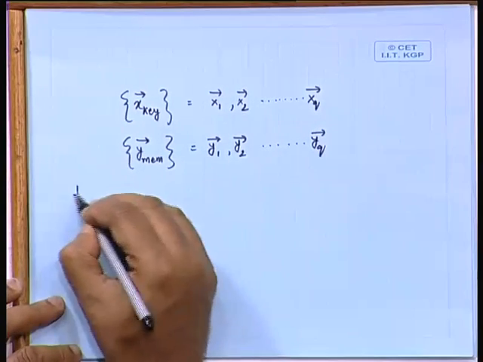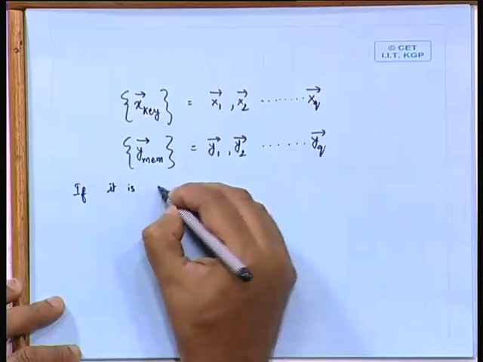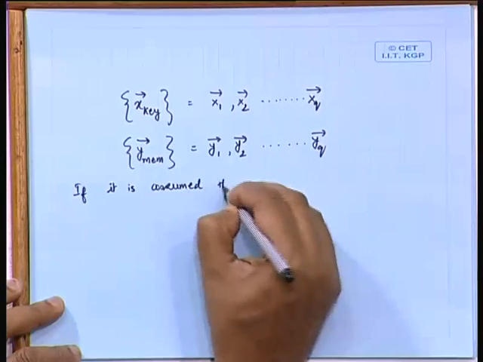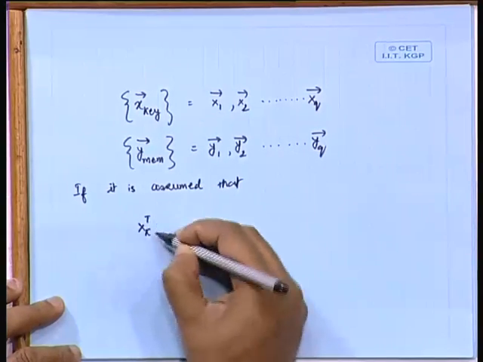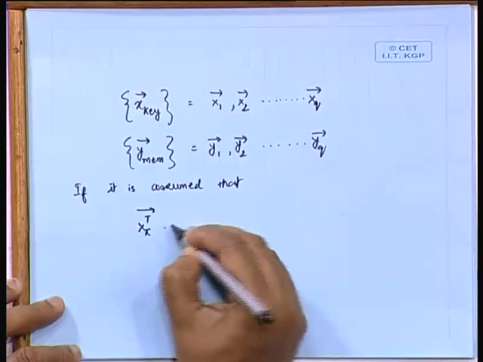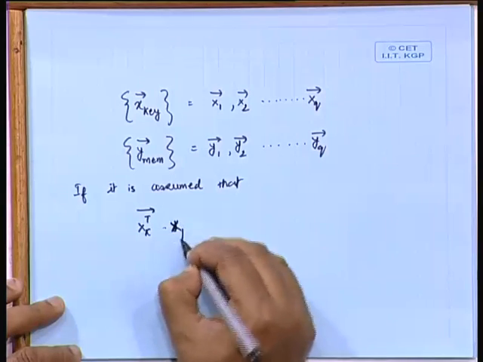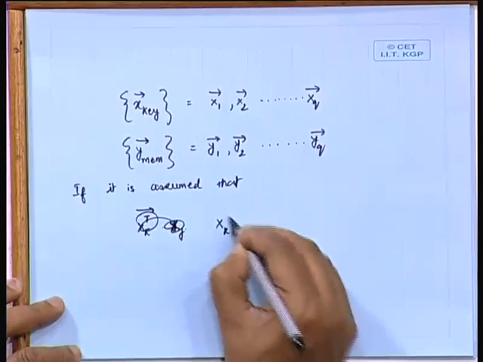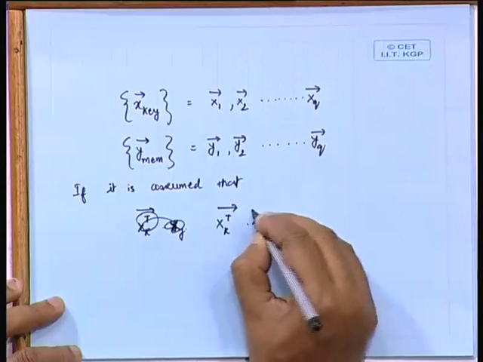Now, if we have this type of a situation that we have x k transpose dot product with x j vector.